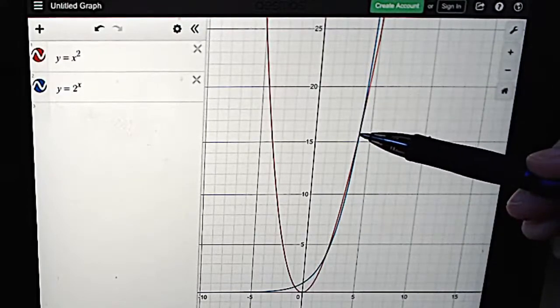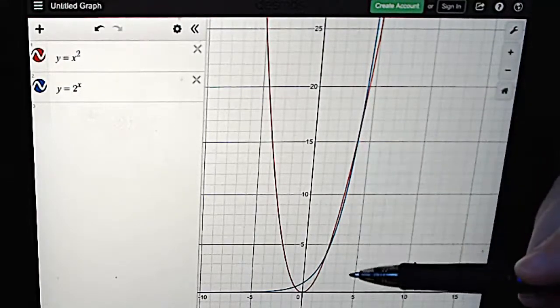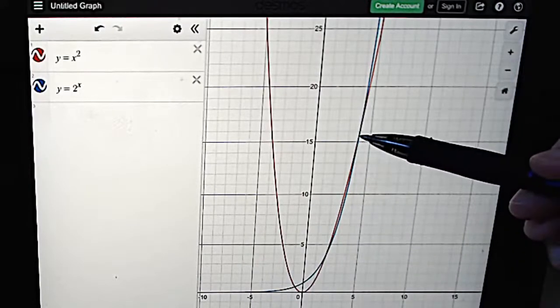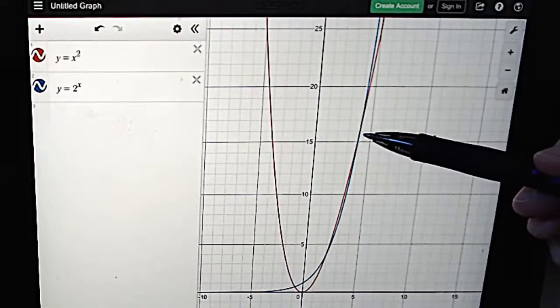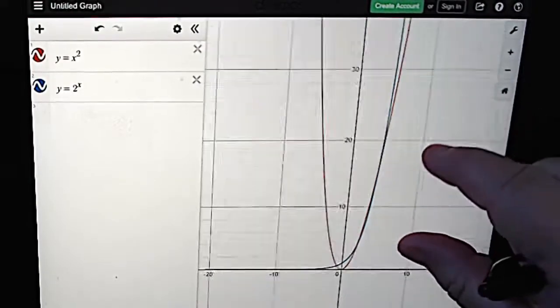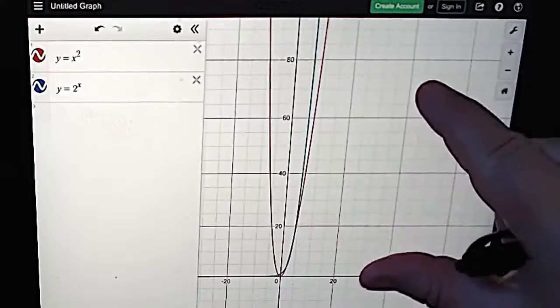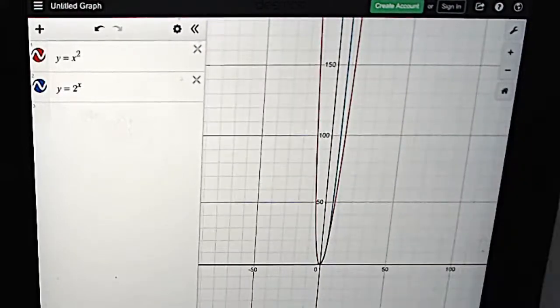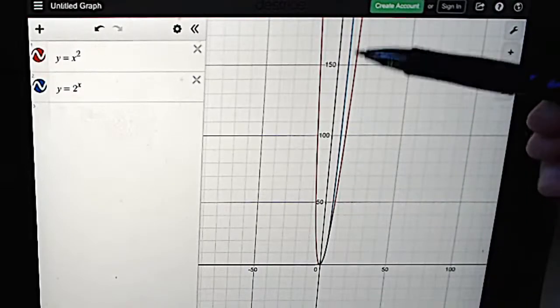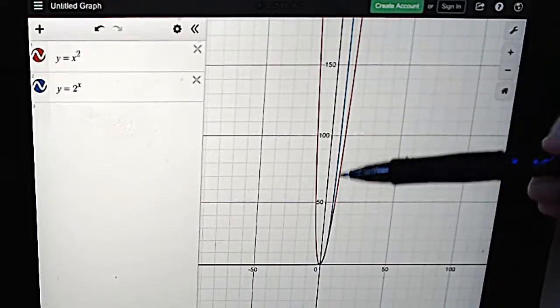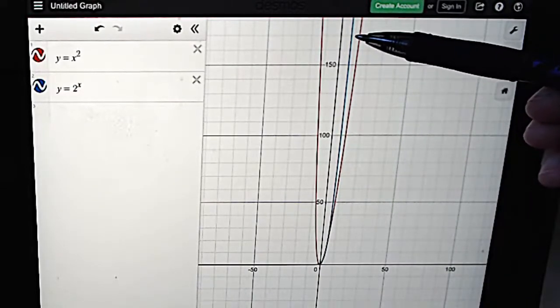And then right here, at the value x equals 4, they intersect again. And then look what happens. If we go really far out, the blue curve almost looks vertical. It gets so big so fast, it goes straight up.